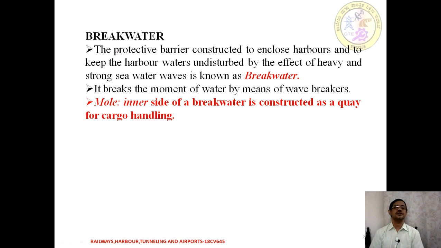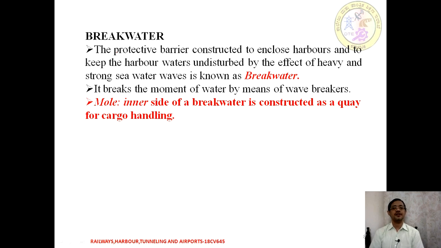So next, structures. As we know, it is a breakwater, as I had explained in the previous sessions also. It is a protective barrier constructed to enclose the harbor to keep the harbor water undisturbed, or in a calm condition, as it is affected by heavy and strong seawater waves.